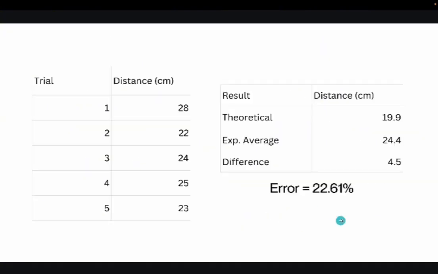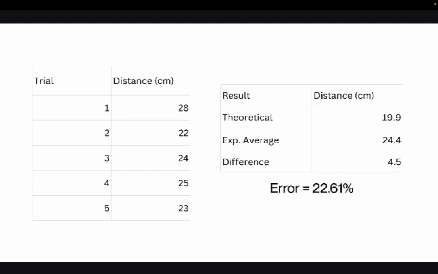So, now we can compare the landing distances that were observed experimentally with the theoretical value. The average experimental distance was 24.4 centimeters and the theoretical distance is 19.9 centimeters, as was said before.